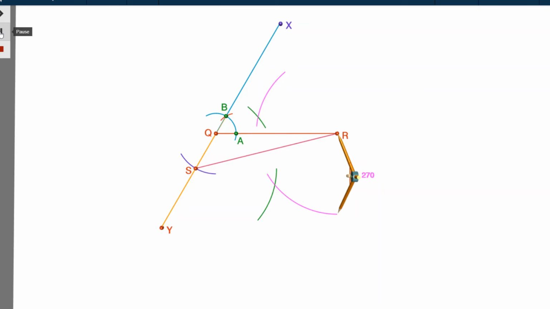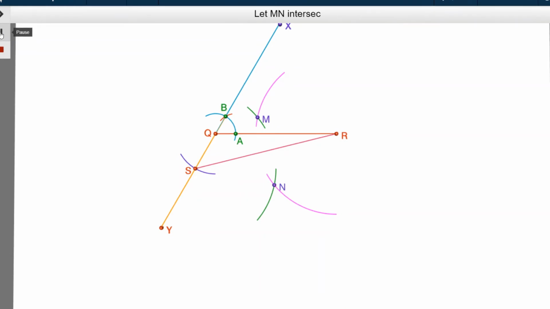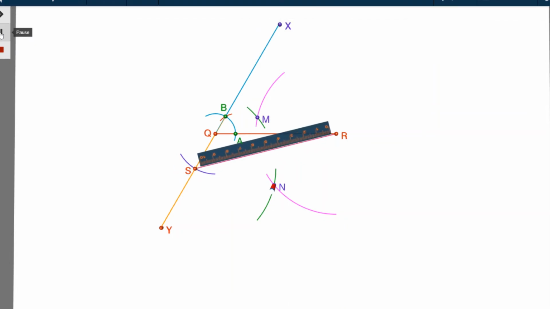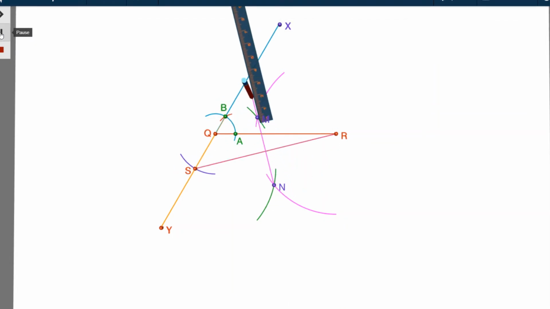So with center R and the same radius as you took from center S, make arcs above the SR line and below the SR line, and mark points M and N. Join MN. So this MN line is the perpendicular bisector of SR. Extend NM line and see it crosses XY line at some point.